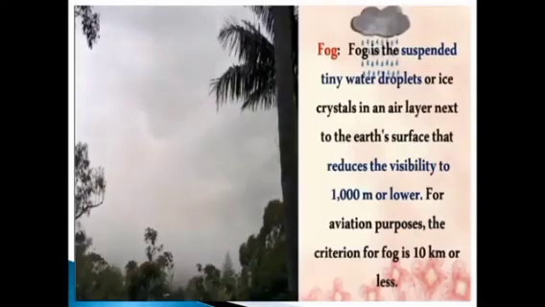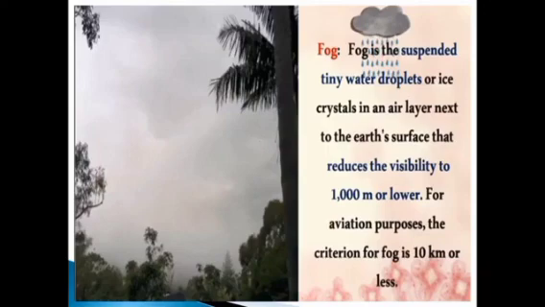Next, let's see about fog. Fog is the suspended tiny water droplets or ice crystals in an air layer next to the Earth's surface that reduces the visibility to 1000 meter or lower. For aviation purposes, the criterion for fog is 10 kilometer or less.